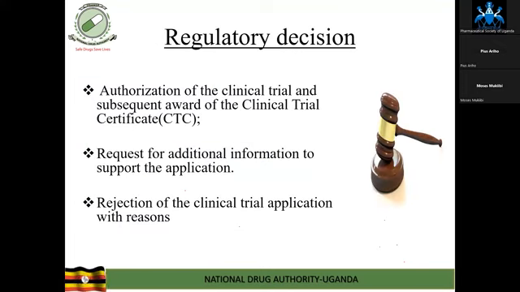So that's what happens when you send an application to NDA for a clinical trial. You could get a ticket, or we could request additional information, which is a query, or we could reject the clinical trial.